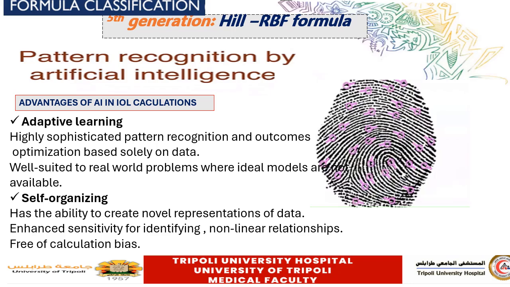So the system will create a pattern for these collections of data, and all these patterns are stored in the system. And when we present the system with a particular set of data, for example for any patient, it will compare this data: is it recognized by it or not, is it within the normal range or beyond the normal range, and accordingly it can calculate the power of the IOL and determine the proper IOL formula to measure the IOL.